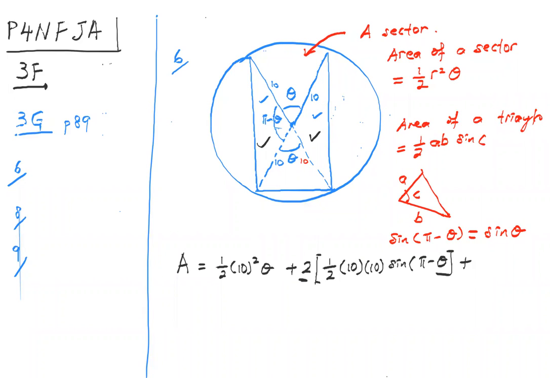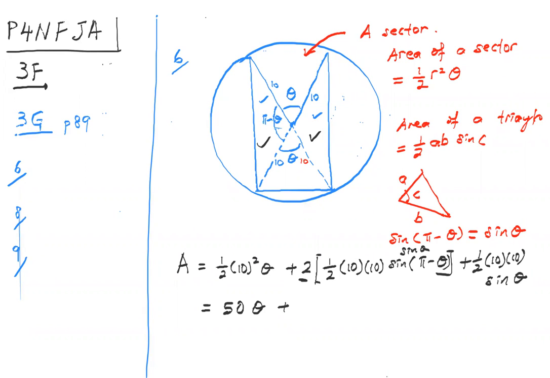And plus half ab sin theta. Correct? So the whole thing will be 100 divided by 2 is 50. 50 theta plus 2 of this plus 1 of this, because sin(pi minus theta) is the same as sin theta.